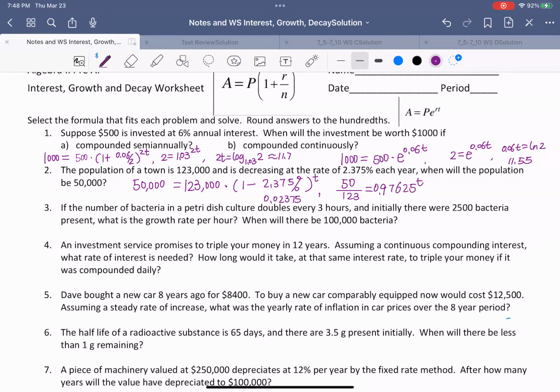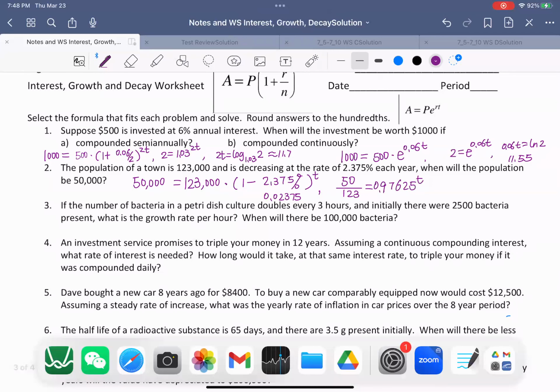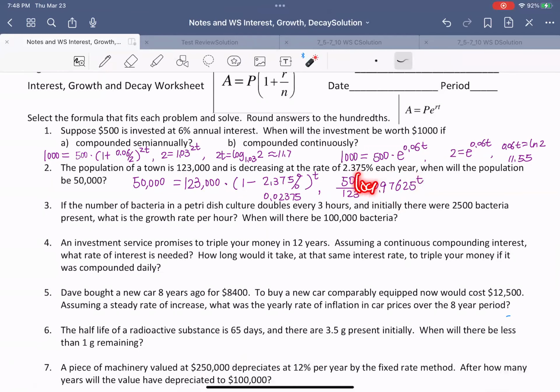Right? Yes. And then we can do log. We will treat this as our log base. So we will do log of this, and then here 50 over 123, right? Yes.